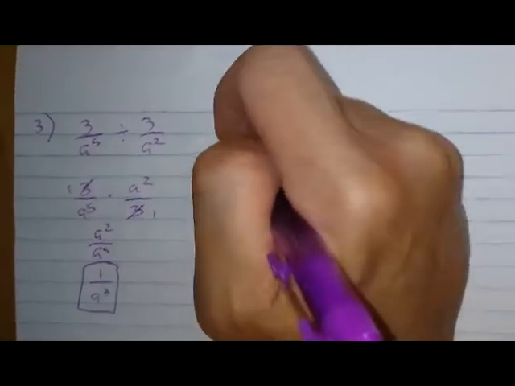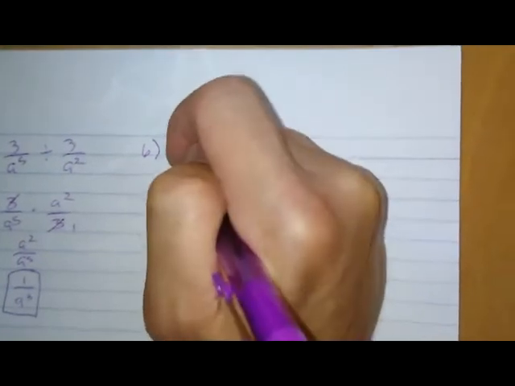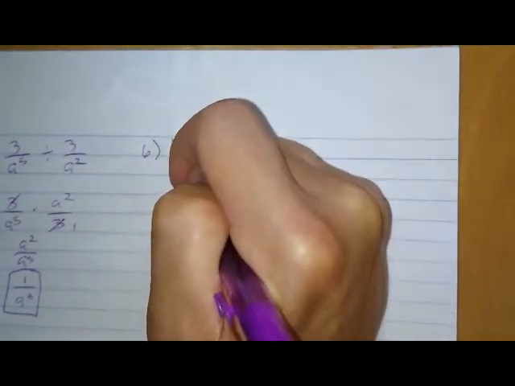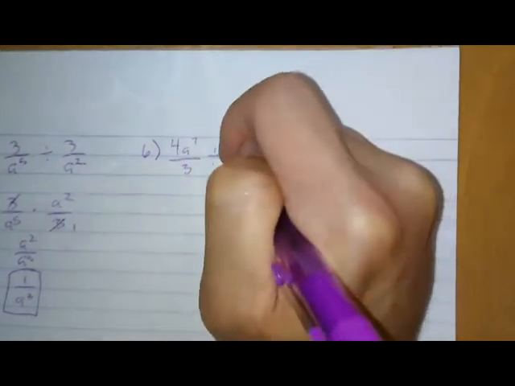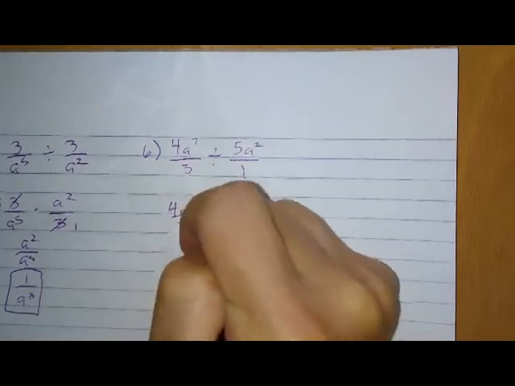Try number 6. You have 4a to the 7th over 3 divided by 5a to the 2nd. Okay, so we just need to do the reciprocal. This is over 1. So really, it's 4a to the 7th over 3.